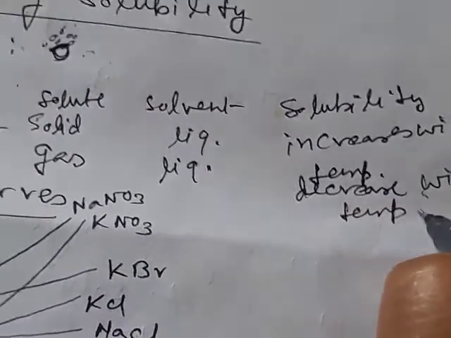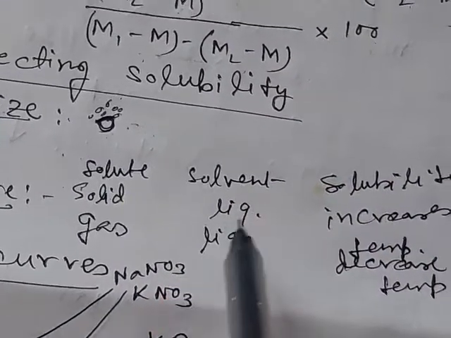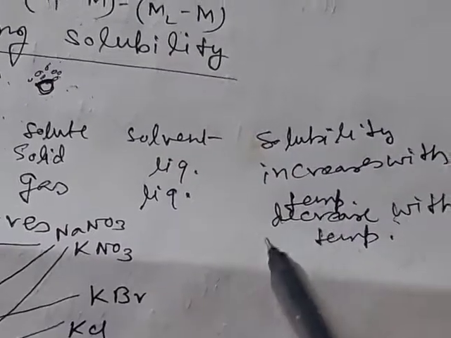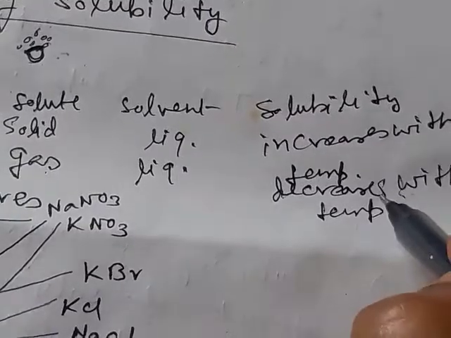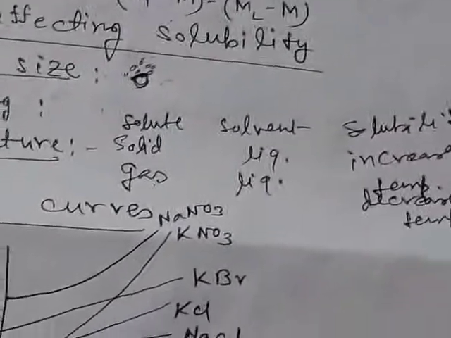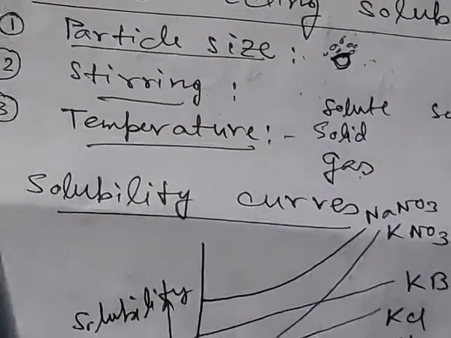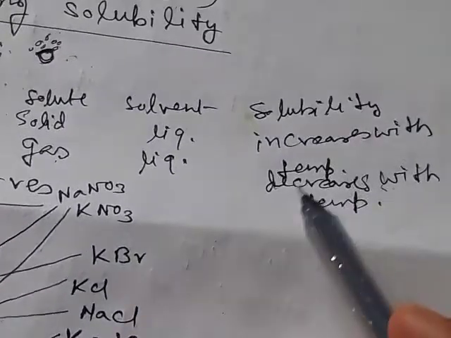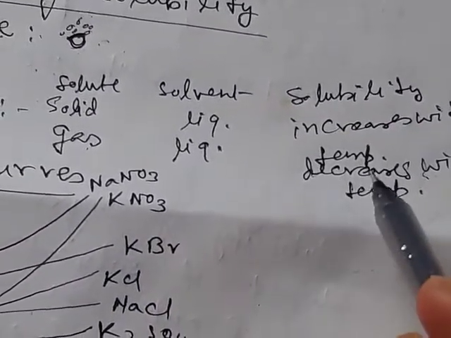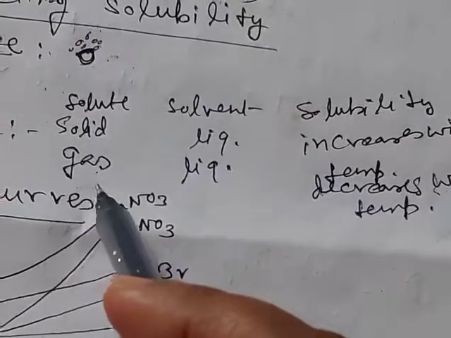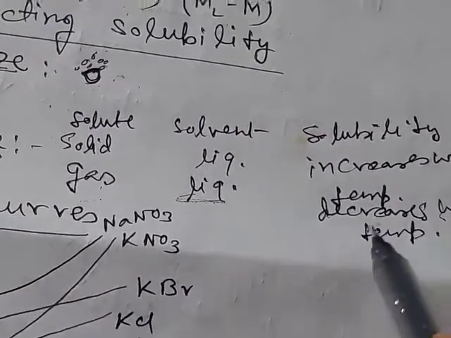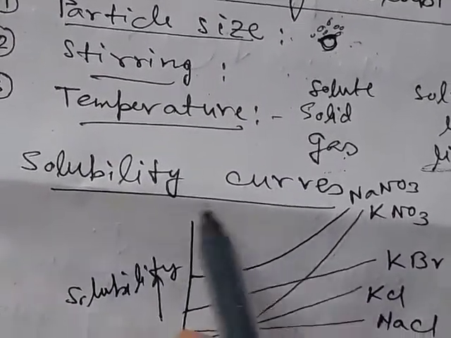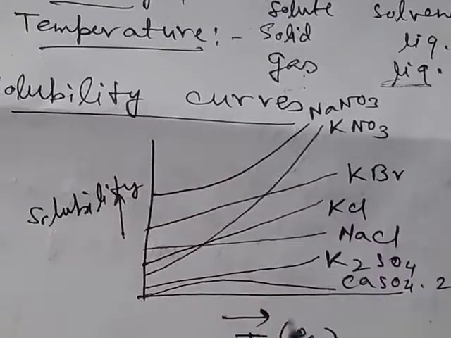So for solid particles in liquid, solubility increases with temperature, and for gas in liquid, solubility decreases with temperature. Because if we increase the temperature, more and more gas will escape from the liquid solvent. So solubility decreases.